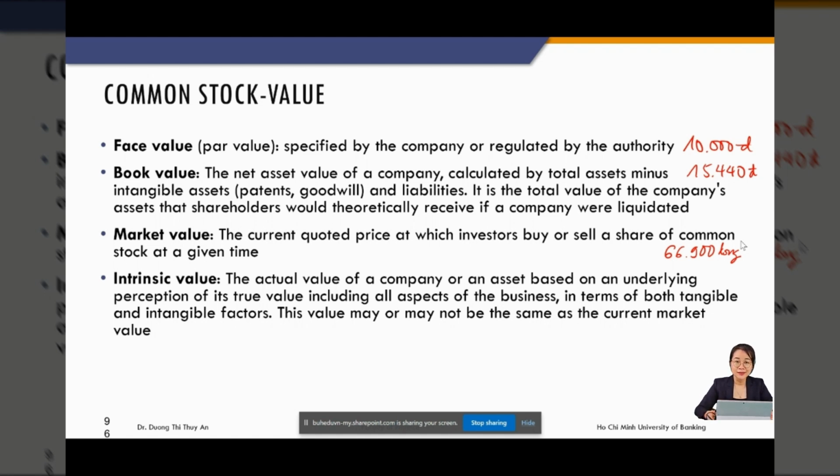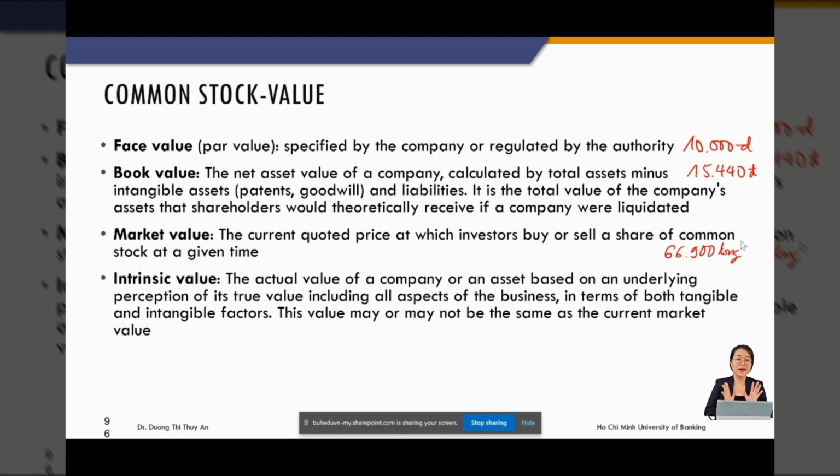Will you buy it today? When you buy the stock, you have to buy at the price of 66,900 đồng, right? That is the market price. You cannot buy it at face value. No one sells you at that price.